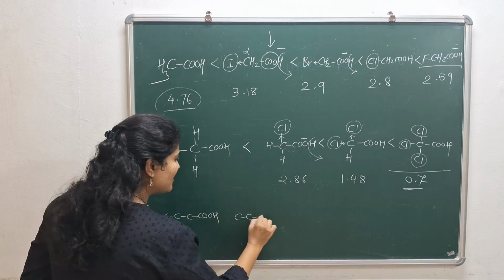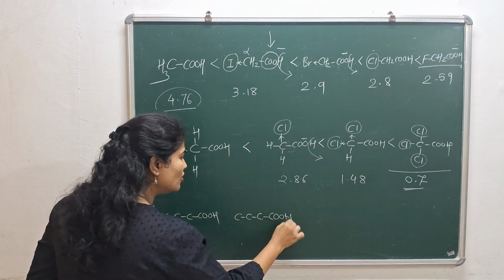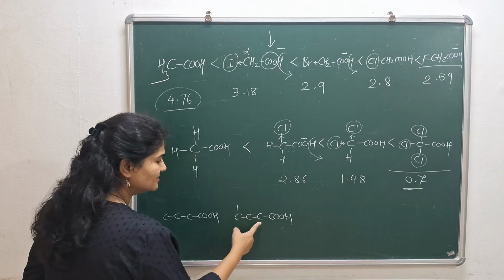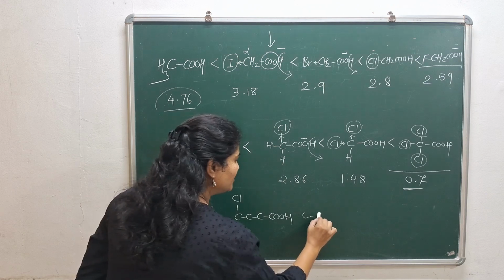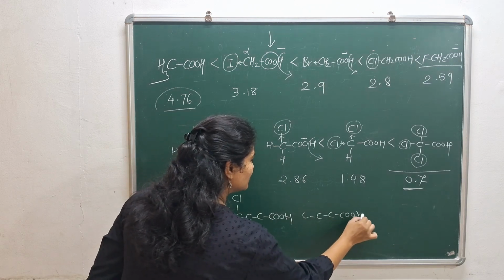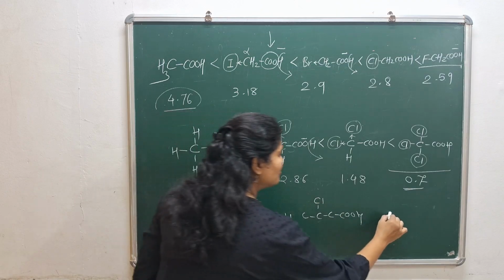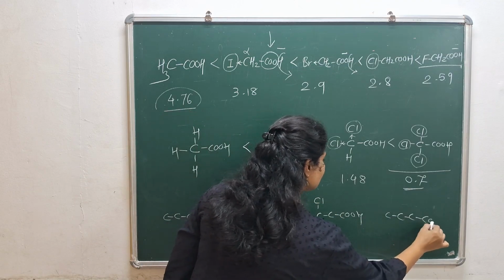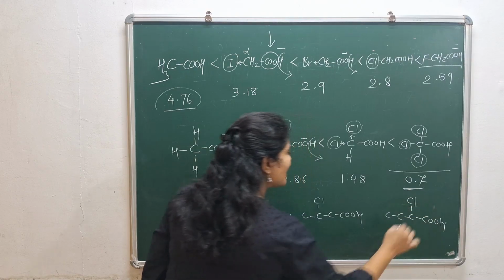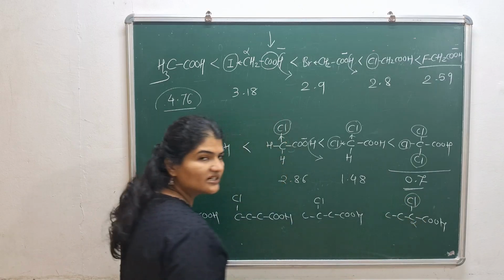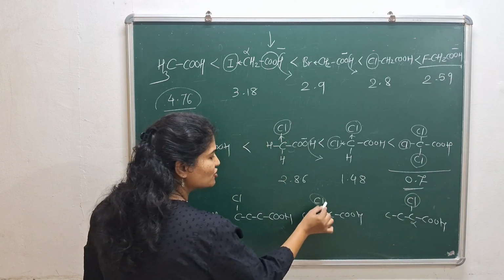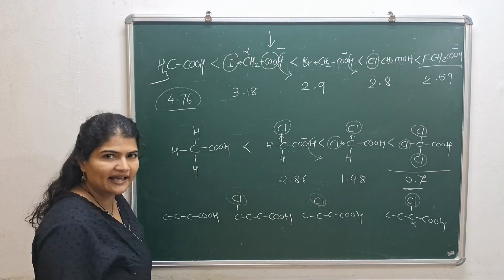Now I will put chlorine on the 4th carbon, then on the 3rd carbon, and then on the alpha carbon, meaning the 2nd carbon. As you can see, this is our alpha carbon. The chlorine is put on the alpha carbon. Here it is placed on the beta carbon. Here it is placed on the gamma carbon.